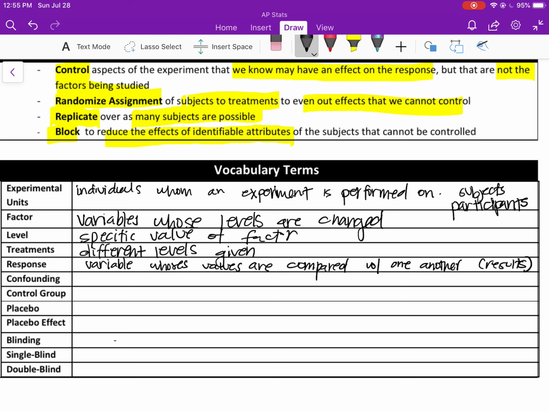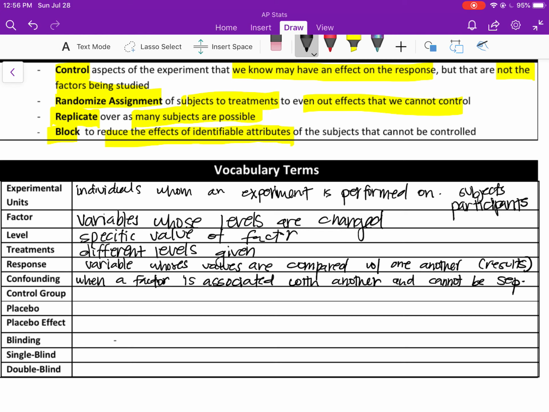Confounding is when a factor is associated with another and cannot be separated. Another way to explain this is that confounding factors means that there are other things that vary.